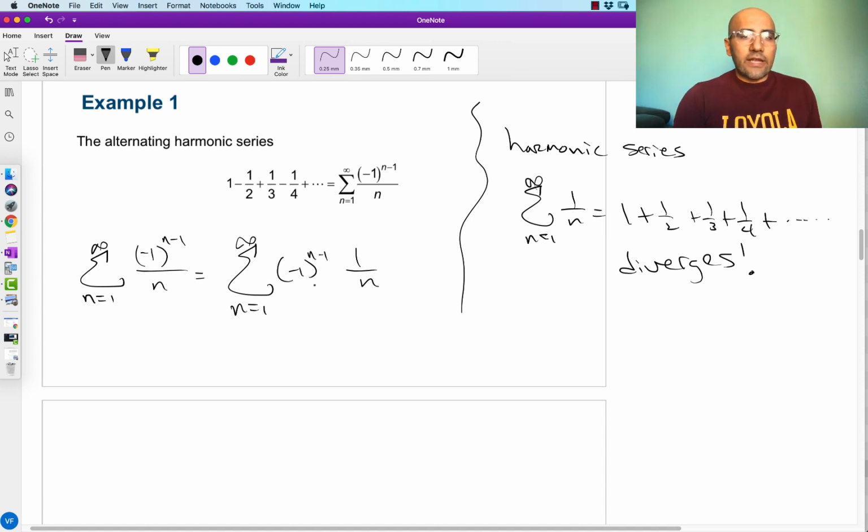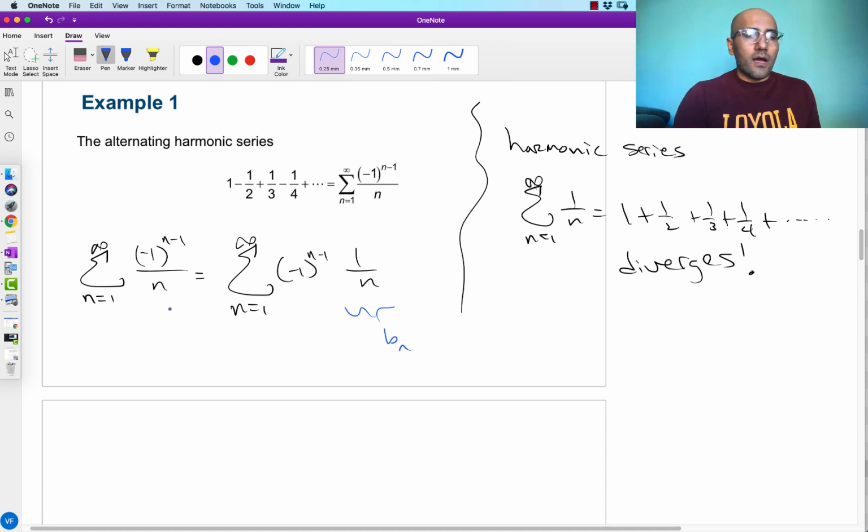Here's the alternating part, and this part here is what we consider b sub n, right? Note that b sub n is always positive. It's the positive component of this. We're just adding the plus and minus, plus and minus. And so all we have to do is show that it satisfies both conditions, and if it does, then we can conclude by the alternating series test that it is going to converge.